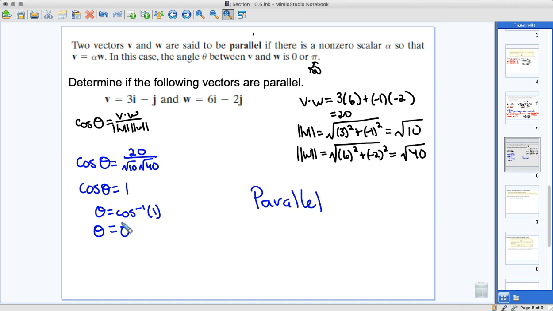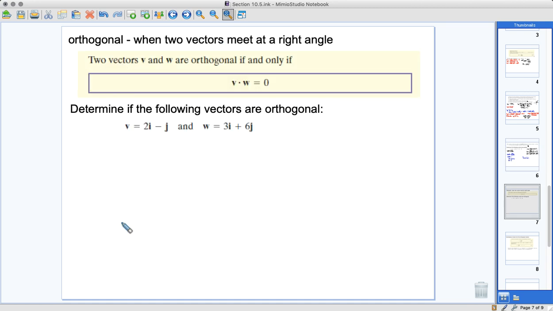Okay, so usually when we talk about parallel, we also talk about perpendicular. Okay, so with vectors, we don't necessarily say that they're perpendicular. We say that they're actually orthogonal. Okay, because perpendicular and orthogonal technically mean the same thing, but orthogonal is used when we talk about vectors. Okay, so this one's the easier of the two, I think. So you want to find their dot product, and if their dot product is 0, then they're orthogonal.